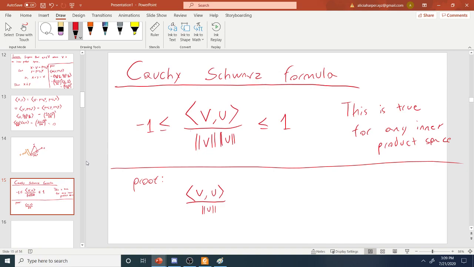But now I'm going to note that this is the same thing as the inner product of v minus the proj of v onto u plus the proj of v onto u, with u, divided by the norm of u.